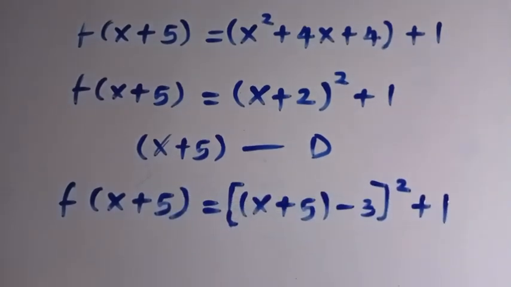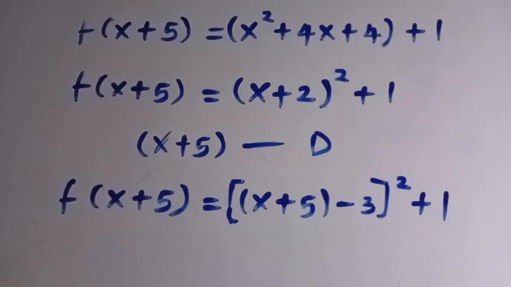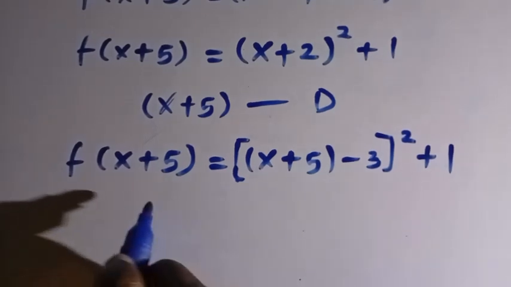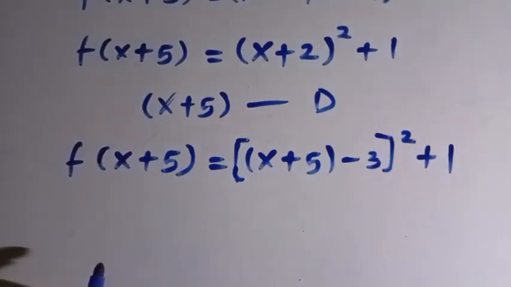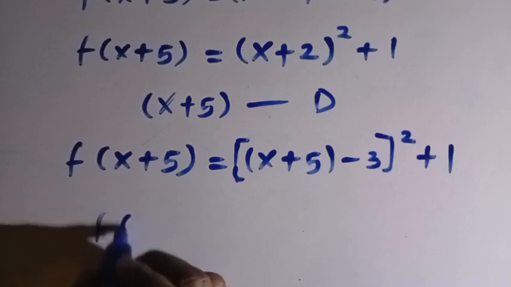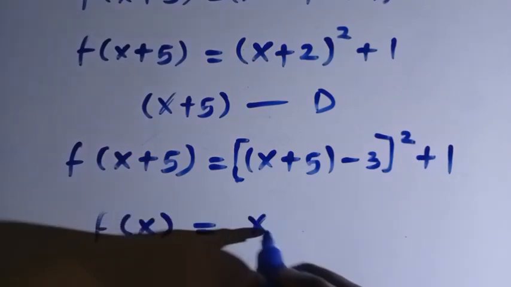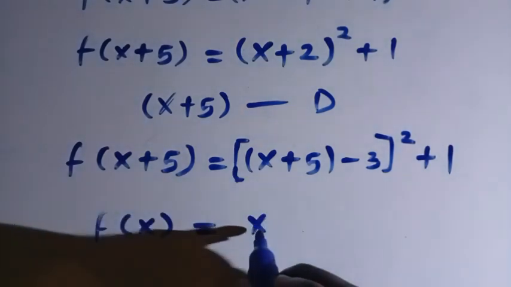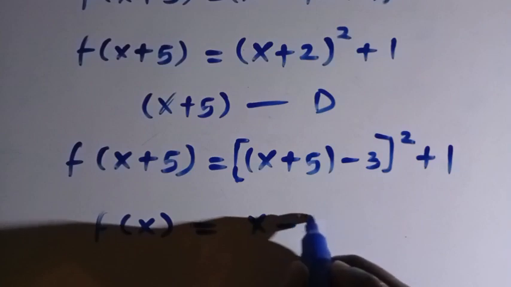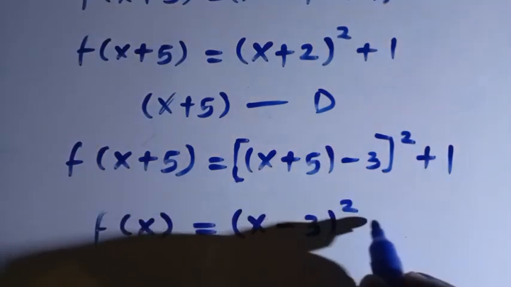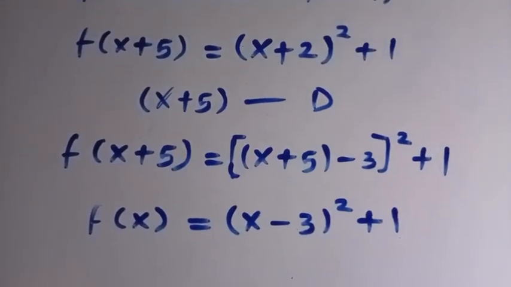Now that I've made this side look the same as what we have in the domain, it is left to us to replace this x plus 5 with x, since we are asked to calculate f of x. By changing x plus 5 to x, we have f of x equals x minus 3, in bracket, squared, plus 1.